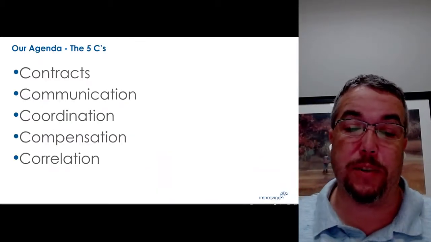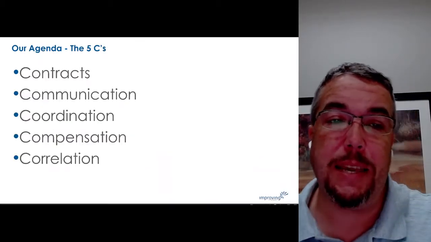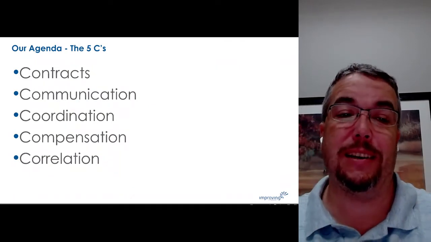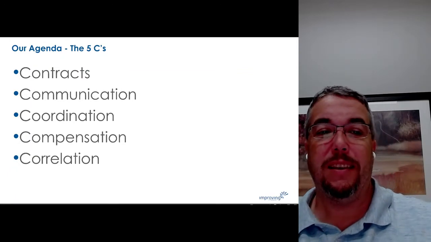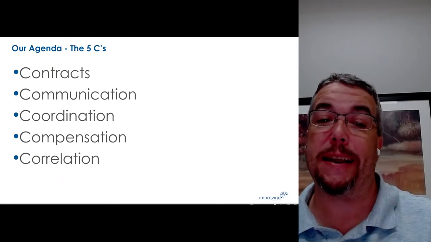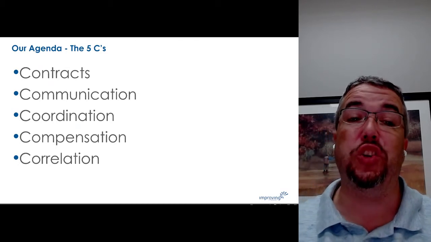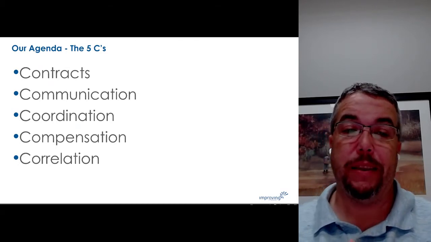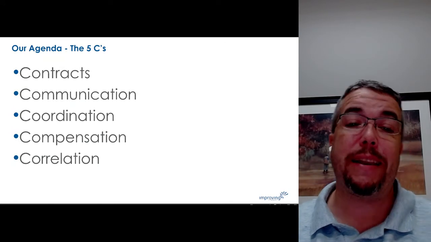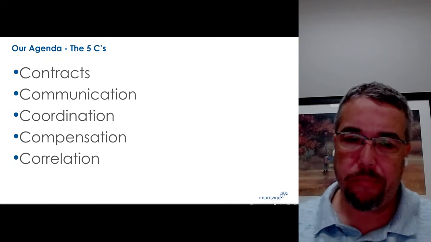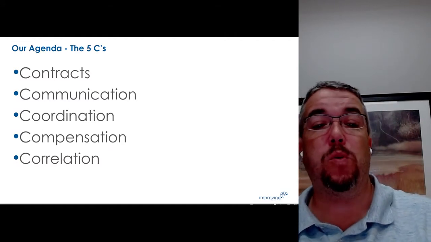So let's go ahead and move to talking about our agenda for today. Our agenda for today is we're going to talk about the 5 C's of our systems here. We're going to start talking about contracts and how our systems should interact with one another. Then we're going to move from that to communication. How are they interacting with one another? Then coordination.